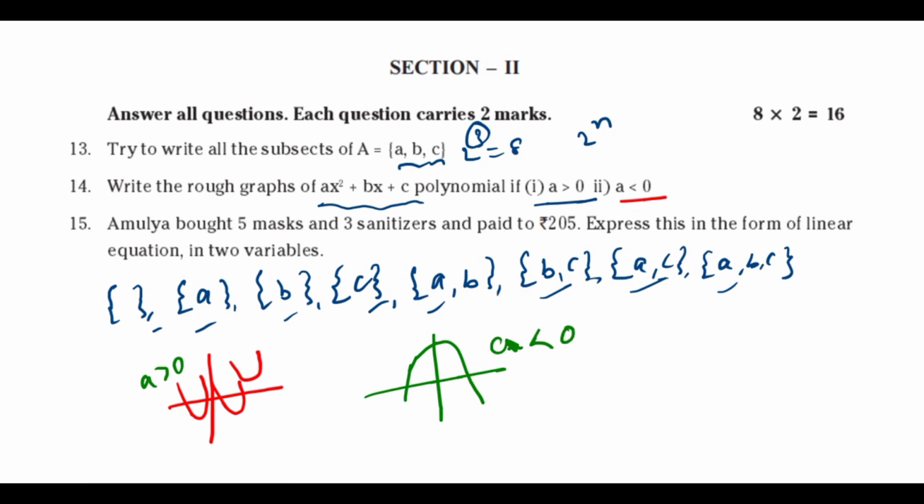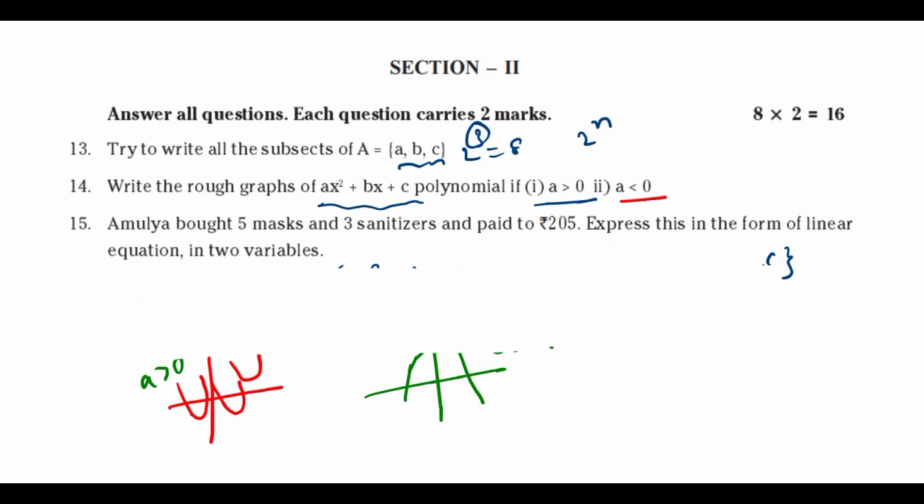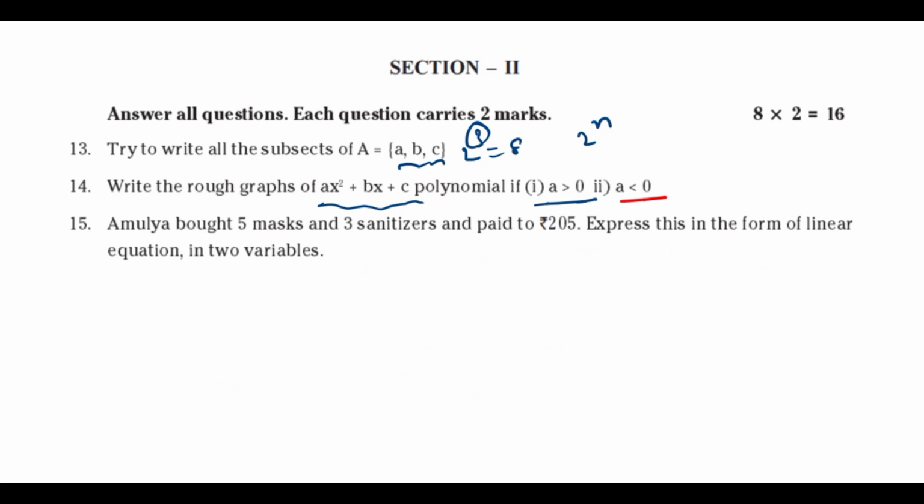And the next one, the question is Amulya bought 5 masks and 3 sanitizers. Masks and sanitizers she bought for 205 rupees. So express this in the form of a linear equation in 2 variables. 5 masks. So how to write the step?